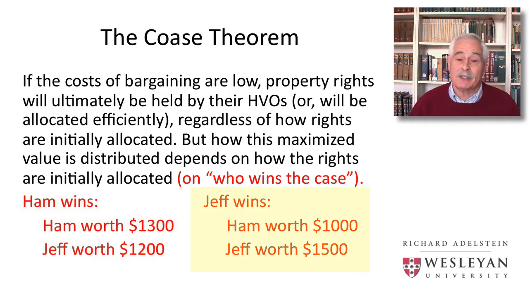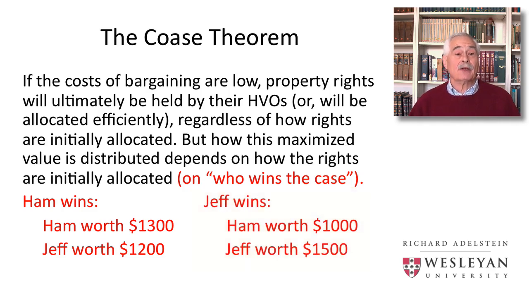But if Jefferson wins the case, that same $2,500 value, created by Jefferson's ownership of the property right and testing of the sirens, is divided differently. Hamilton is now worth only $1,000, and Jefferson is worth $1,500.